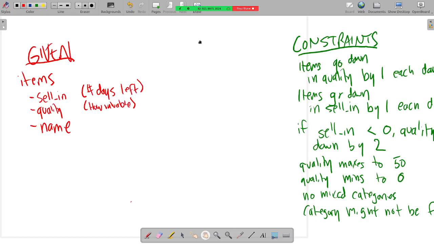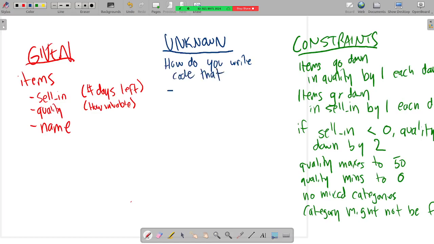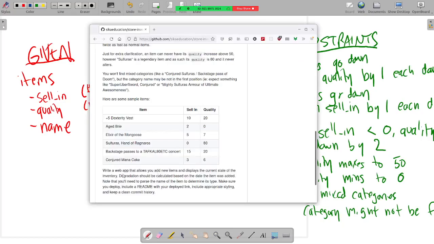So the unknown is: how do you write code that stores items, adds items, and then, with all the purpose of these constraints, displays the current state of the inventory.